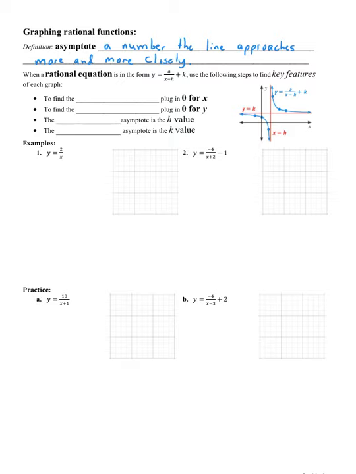Yeah, there's always going to be a little bit left. Exactly. It's going to get closer and closer, but we never quite get to that value, infinitely close. Like I said, we get infinitely close, but we never get to that exact value.